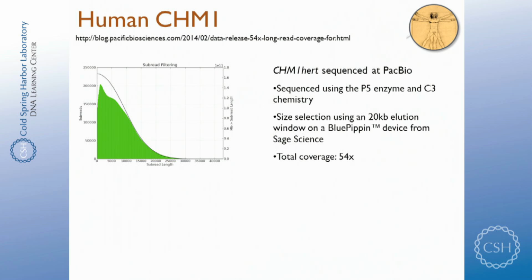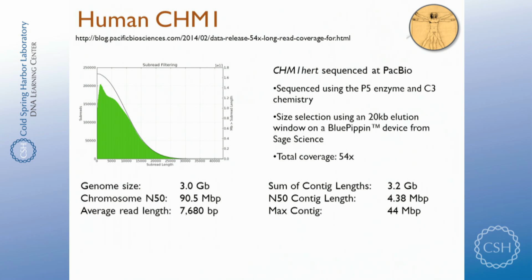As you scale it up again to the human genome, this is data that was also generated at PacBio in collaboration with WashU, where they had sequenced what's called a haploid human genome using kind of the latest technologies. They generated over 50x coverage from this. And then the incredible thing from this, again, is we're starting to see the contigs being generated on the order of several megabases.